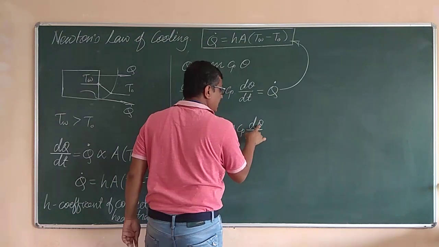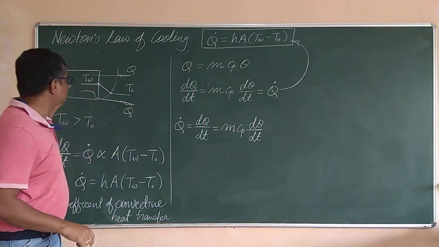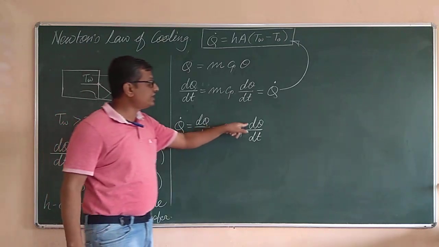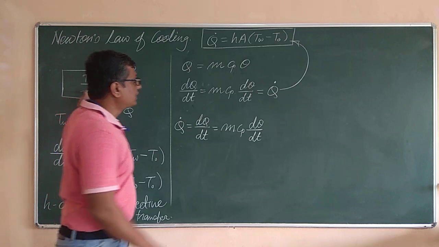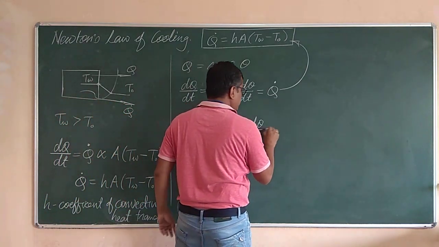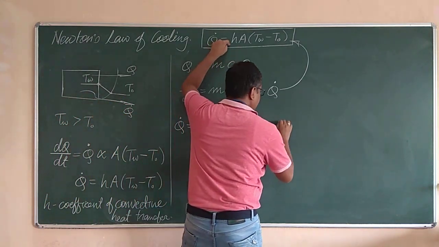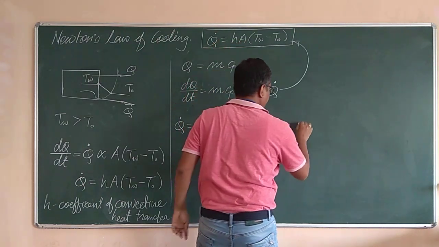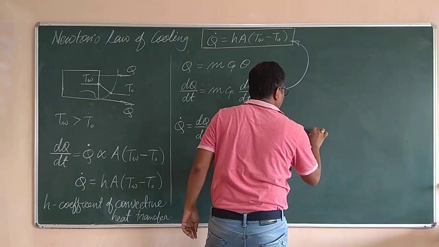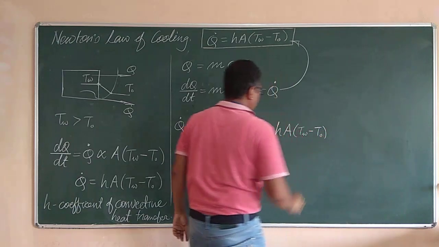Remember that this theta is the temperature of this body, and d theta by dt is the rate of change of temperature of this body with respect to time, and this m Cp d theta by dt is equal to h into A into (Tw minus T naught).